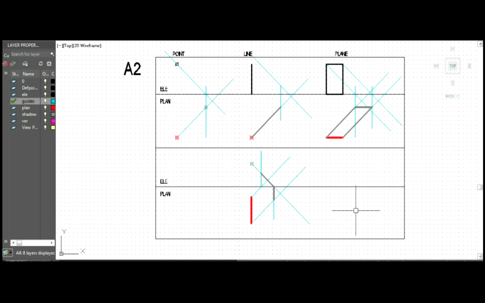For the next problem, let us consider a plane that is inclined at 30 degrees to the horizontal plane and perpendicular to the vertical plane. So it will be a 6 centimeter by 4 centimeter rectangle in plan, and in line with this, let us take it 2 centimeters above the ground line and at 30 degrees.